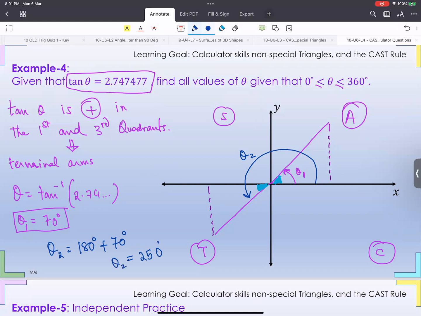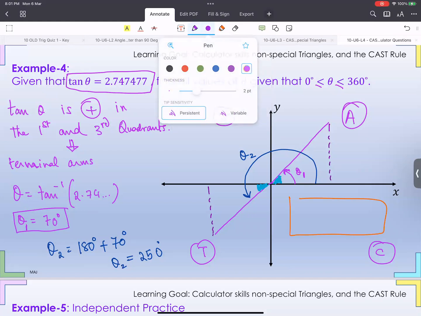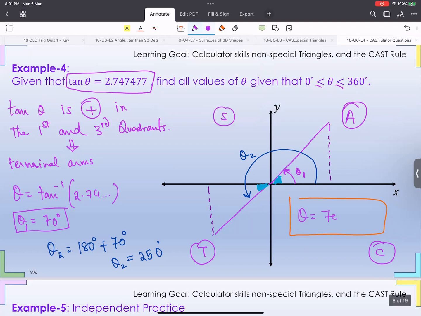So you have two possible solutions at 70 and 250. So your final answer, just put it in a square bracket or in a box. Theta is 70 degrees or 250 degrees.